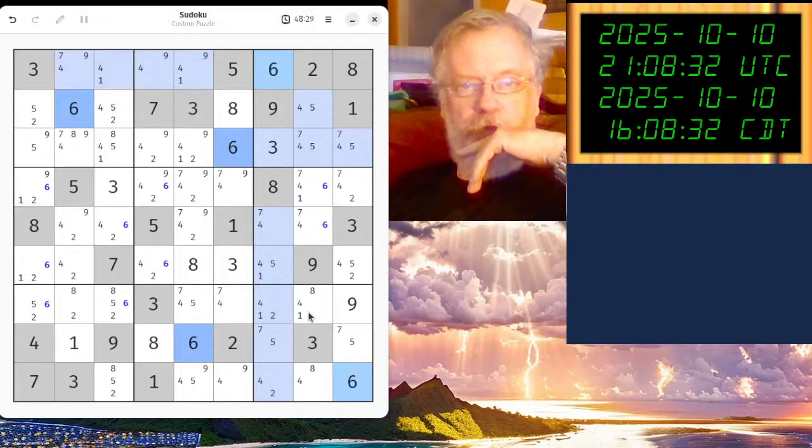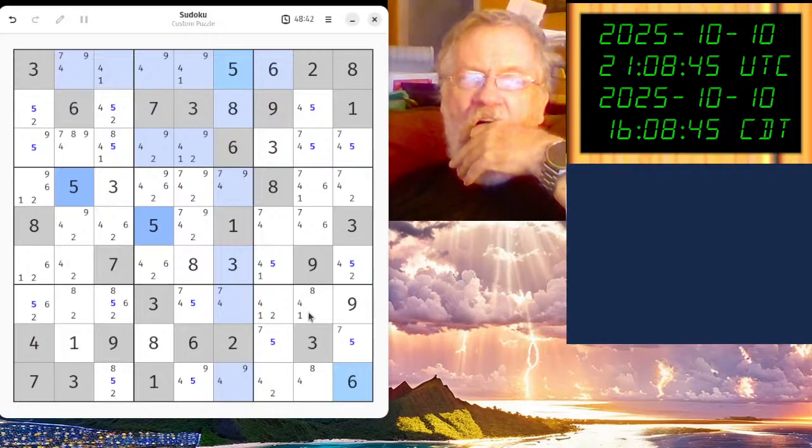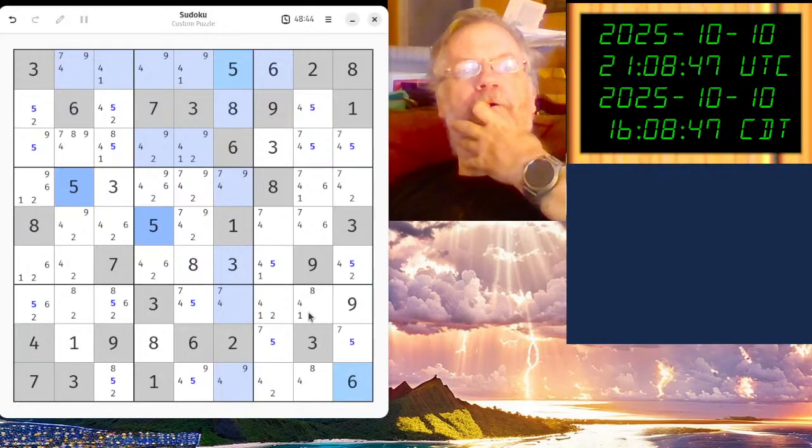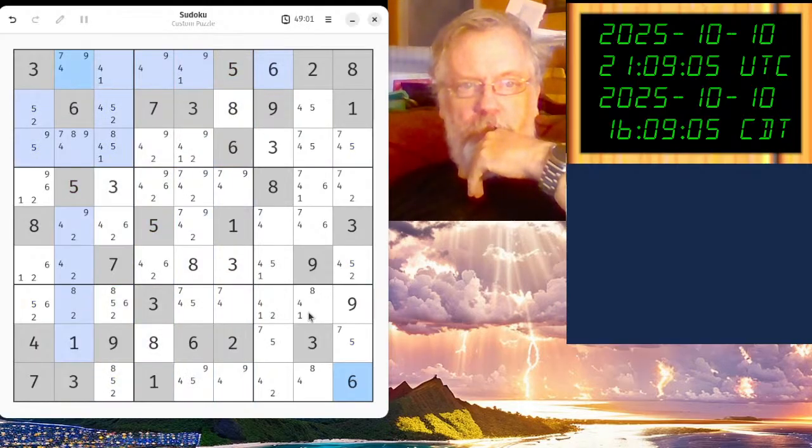See if I've got better solutions out here. One of the more interesting things I'm seeing is there's a lot of 7/4s out here that are not in a common area. Somewhat bothersome.